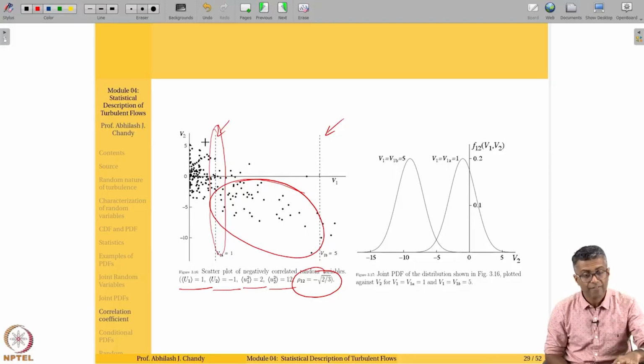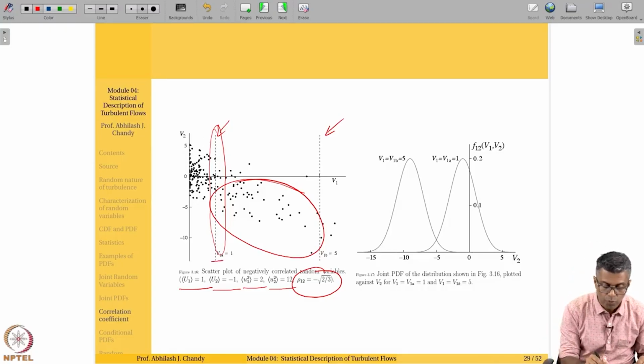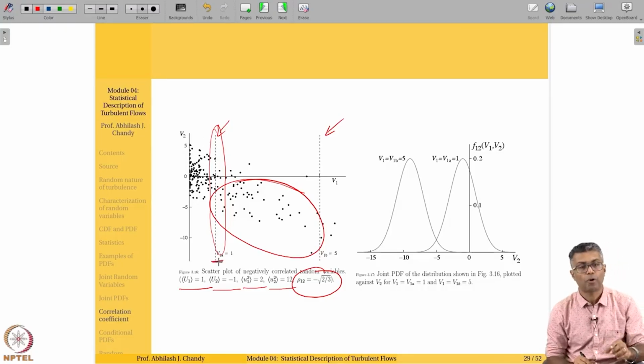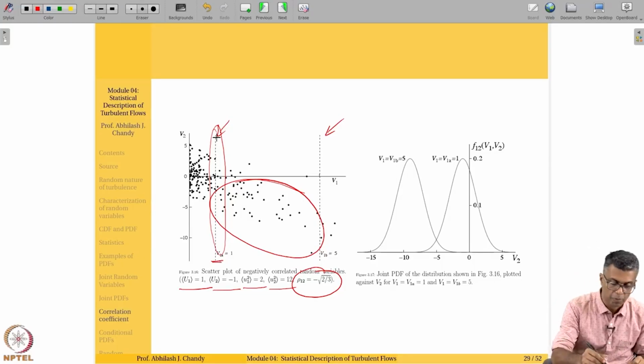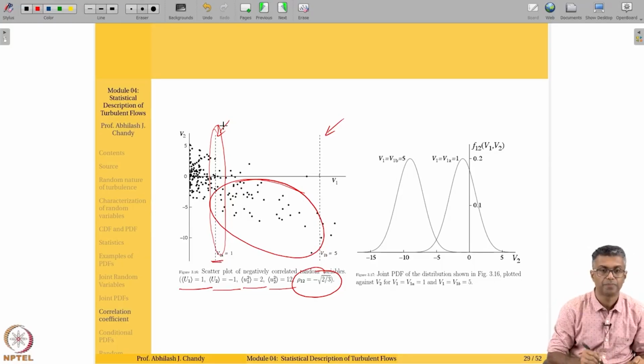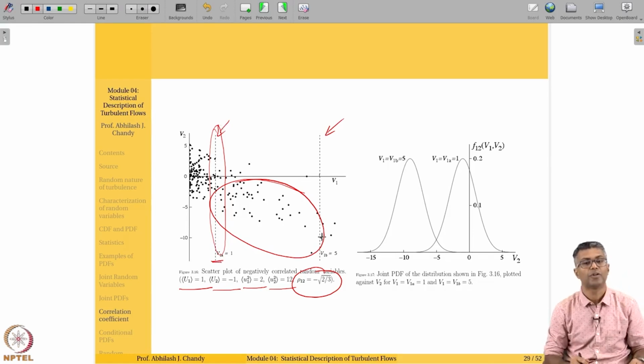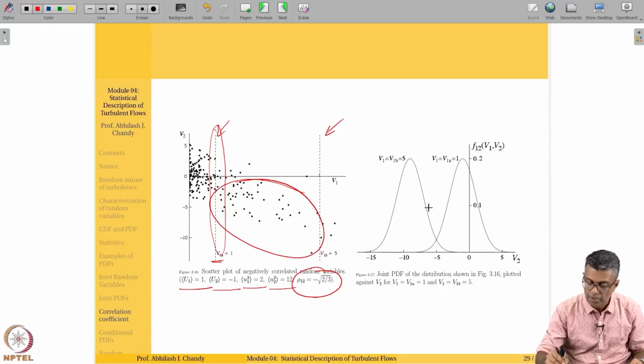Meaning, when U1 is equal to 1, what is the probability of V2? What is the probability of V2 here? When V1 is equal to 5, what is the probability of V2? That is what is drawn here.